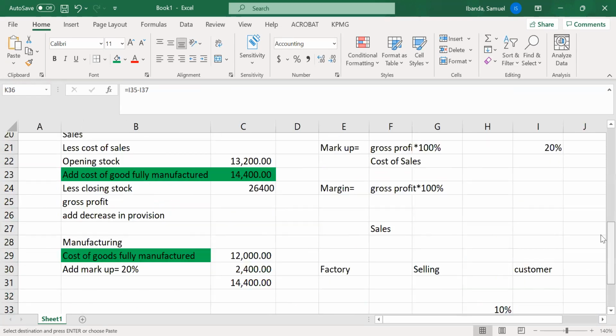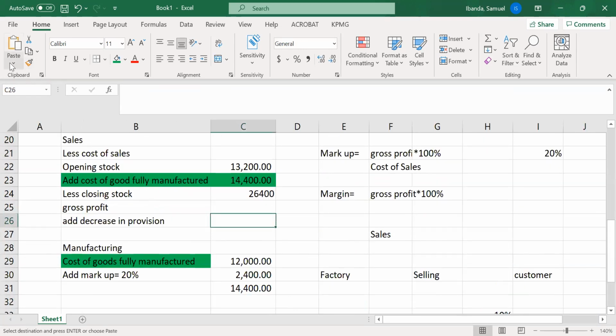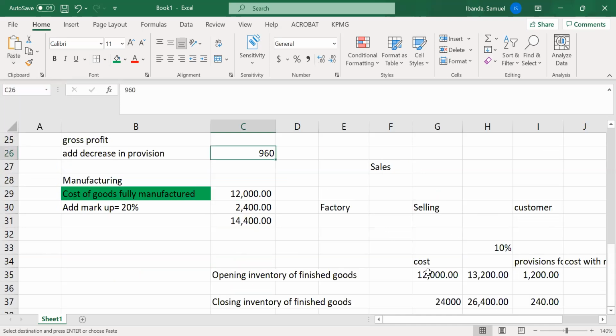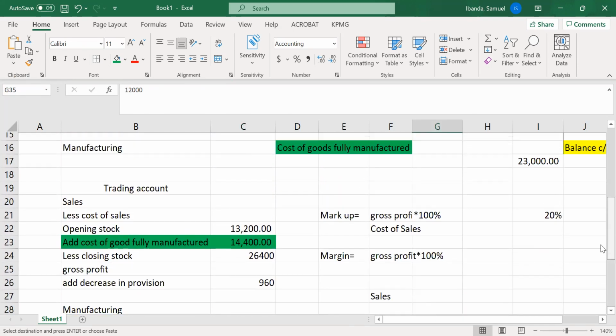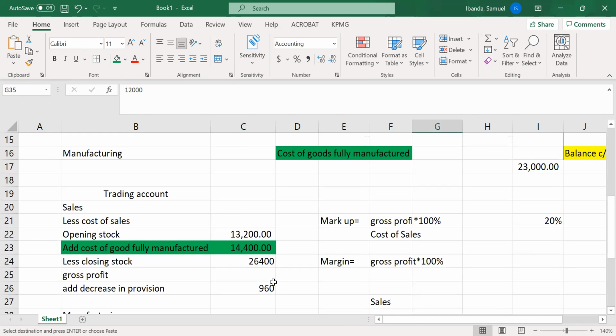So in case it was an increase in provision, maybe where this was my opening stock was less than this, then you get to see that that will be reflected even when it comes to here. So I believe that you get the concept, okay?